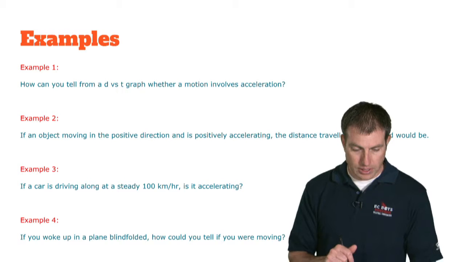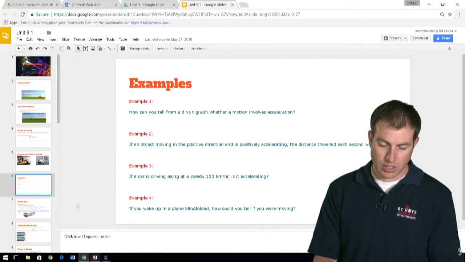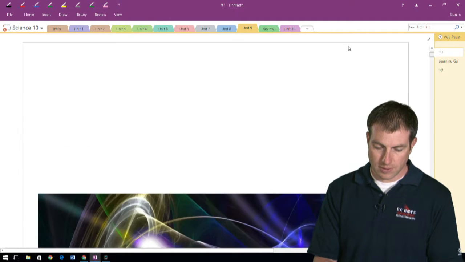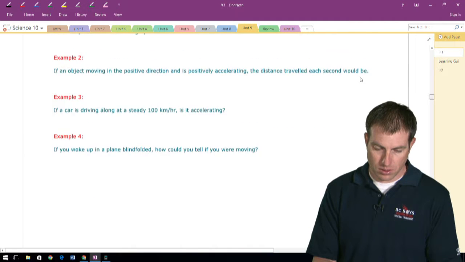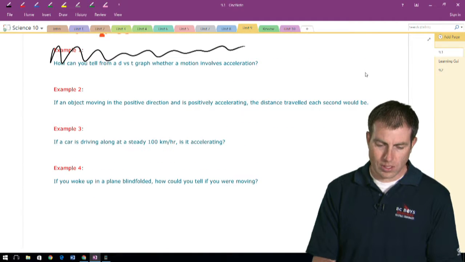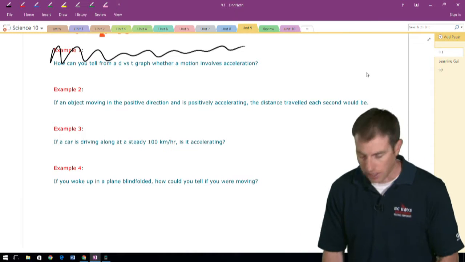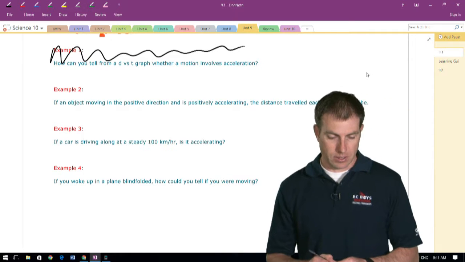So let's look at a few examples here and see if we can wrap our heads around this change of velocity stuff. Let's just skip example number 1 because we'll actually talk about it next day when we deal with graphing this sort of stuff.